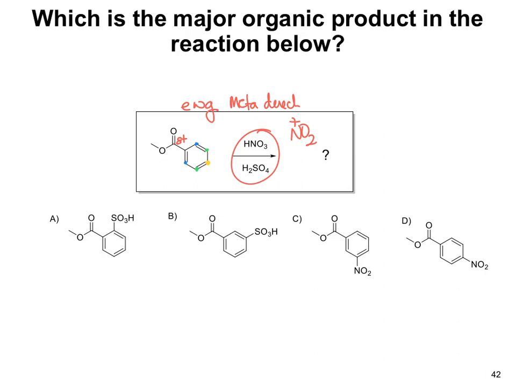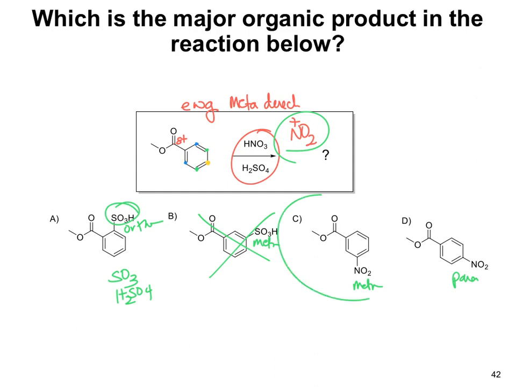So this is ortho, and it's not the right reagents, right? What gives you SO3? SO3 and H2SO4. This is going to add a nitro. So even though this is meta, it's not the right reagents. Here this is meta, and this is para. So C is your answer because this carbonyl is electron withdrawing.